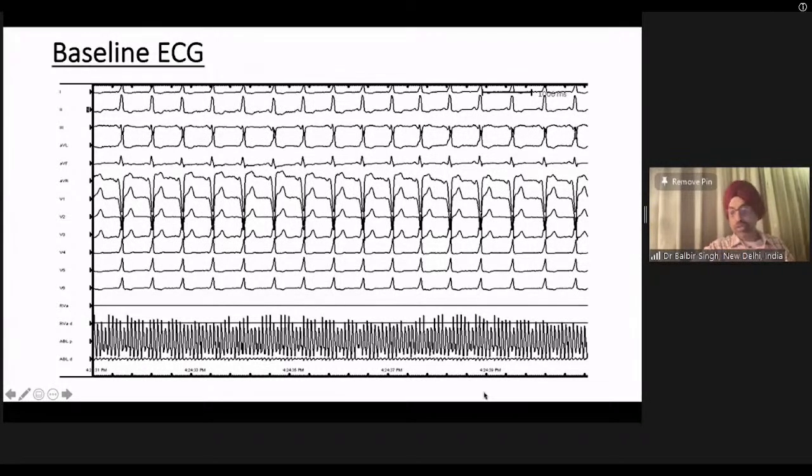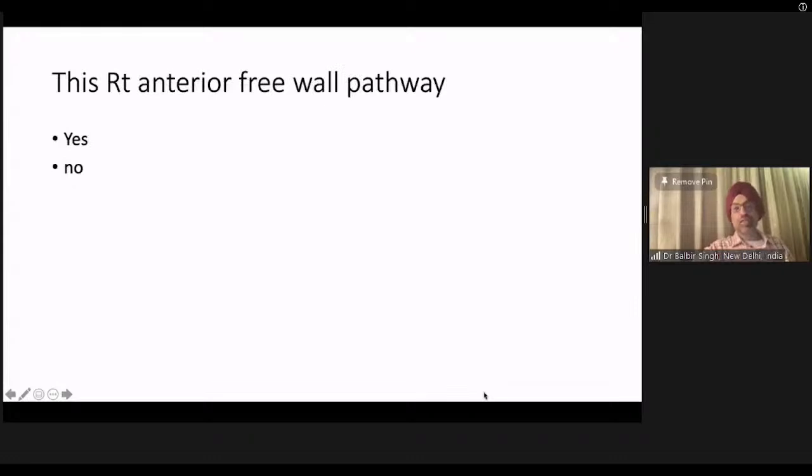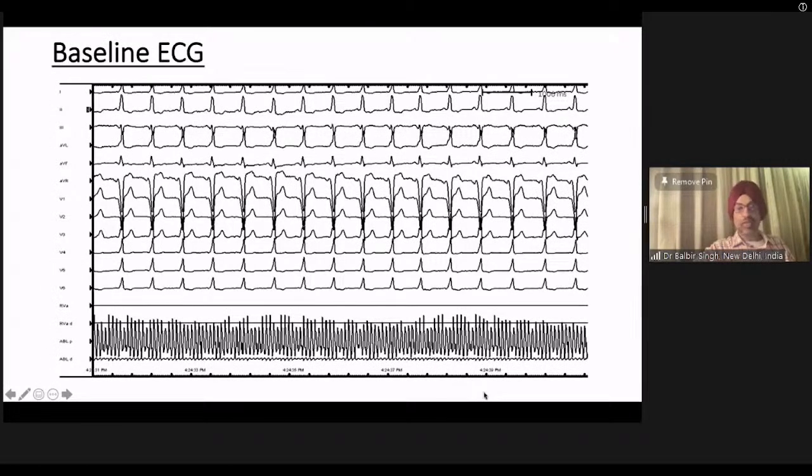So can we pose the next question? Is this a right anterior free wall pathway? Yes or no? So we go back to this ECG and try to understand what it is. Yes, sir, we're just enabling the poll. Okay.